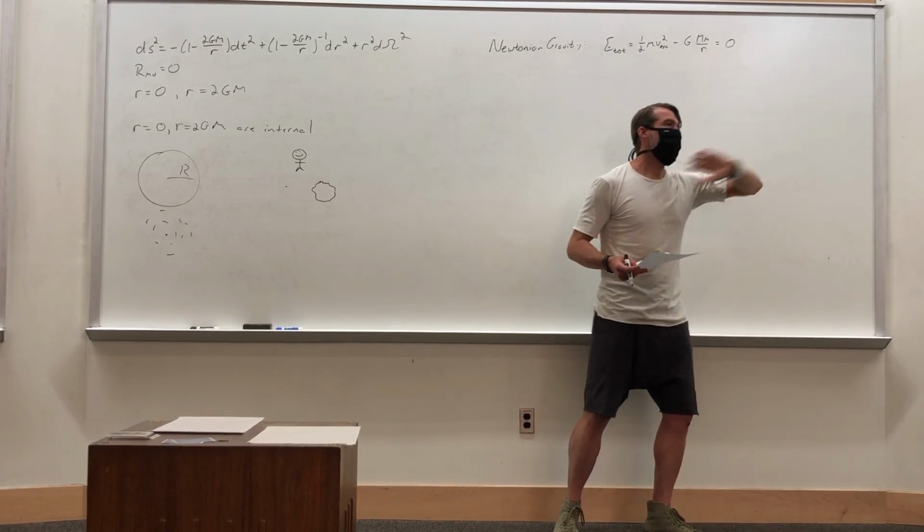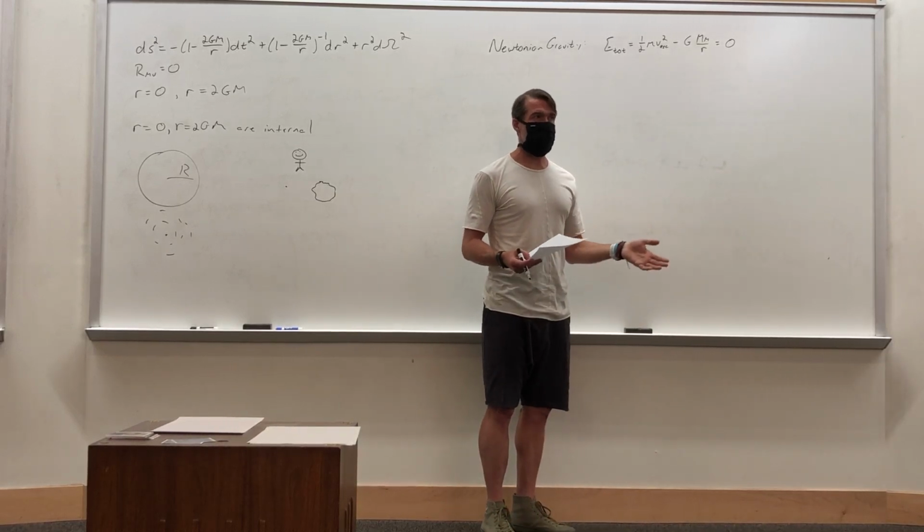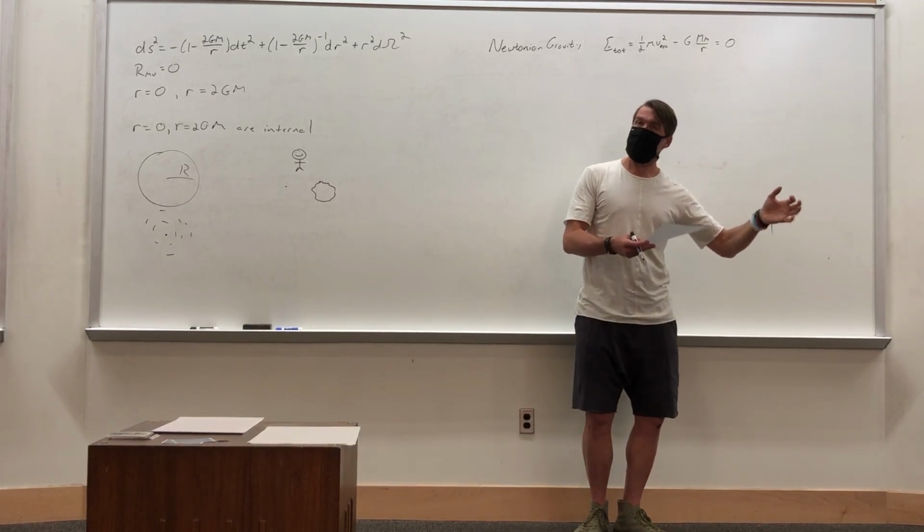We could give it more energy and it could be moving at infinity, but that's more than it needs. This is the minimum amount of energy that it needs to get to infinity, is to get to infinity at rest, okay?